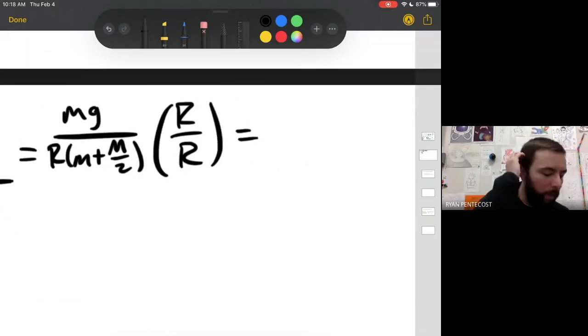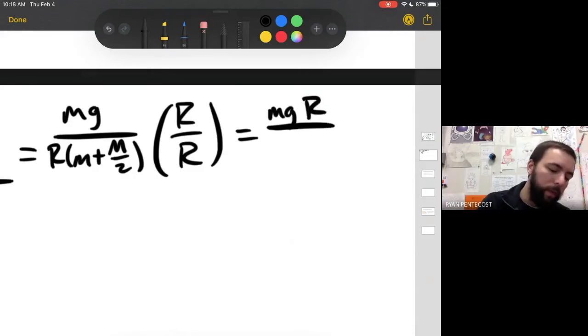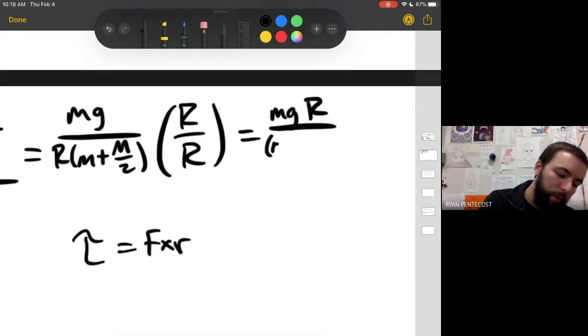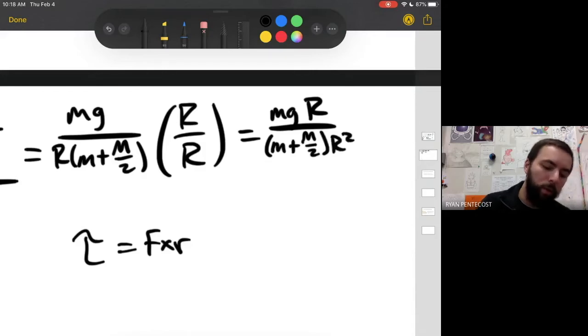Now, instead of mg, you've got mgr. And remember, torque is force times radius. Now you have a force times a radius. Now we also have m plus big M over 2 times r squared.